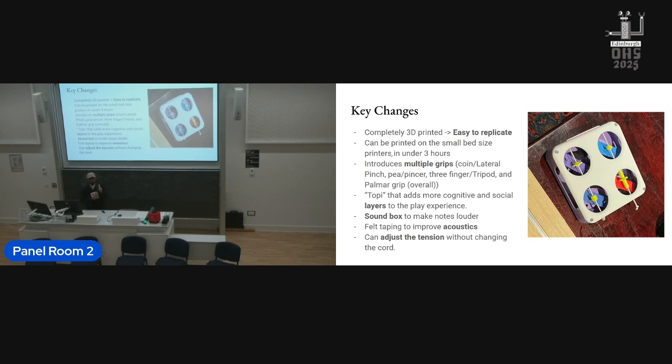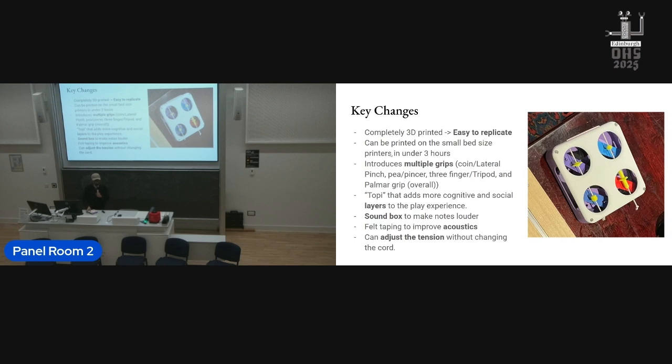So you can pinch it. And then there is a pea pinch, which is a pincer grip, which is very important for eating food. And then the tripod 3-finger grip is over here. So you can use 3 fingers to pinch it.